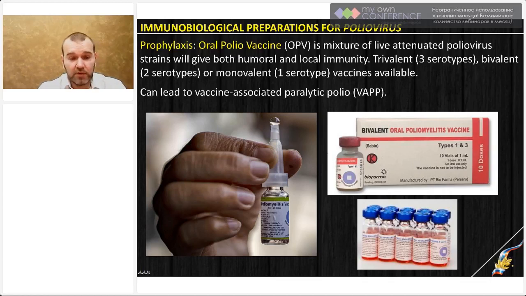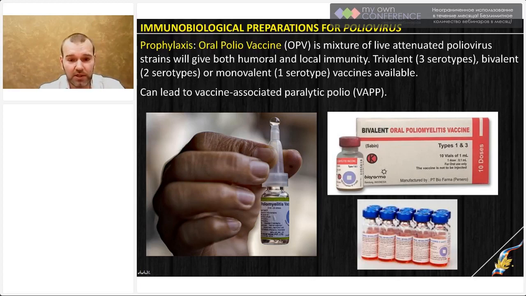Second benefit of that vaccine, it is given orally through the natural way of viral invasion, and after administration of the oral vaccine, both systemic and local immunity will appear. So tissue immunity in the GIT will appear, and systemic immunity in blood and other organs will appear.